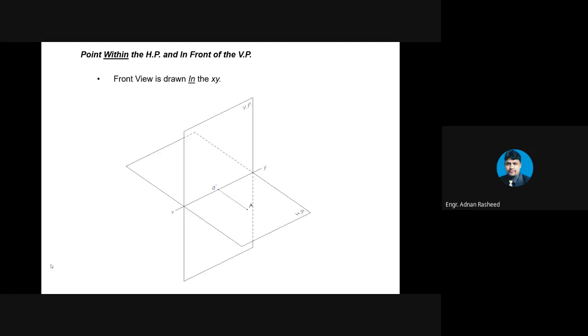Now we will move towards seventh scenario, the point within the horizontal plane and in front of vertical plane. So you can see that this point A is in horizontal plane, but it is in front of vertical plane. If you project this point on this vertical plane, its projection will be represented as A prime, and this projection is now on XY line.